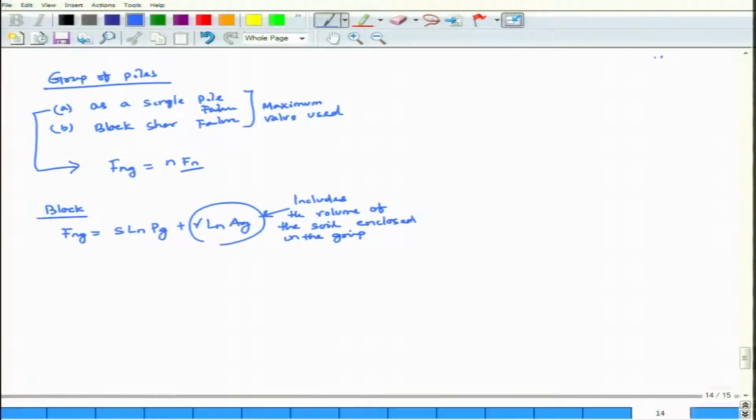Here, n is equal to number of piles in a group, and gamma is equal to the average effective unit weight of soil within the pile group up to depth L n.